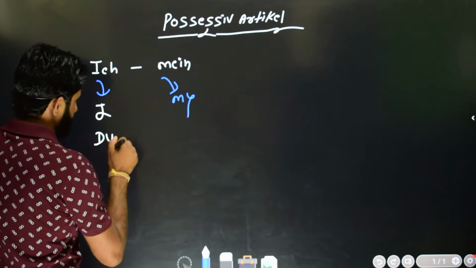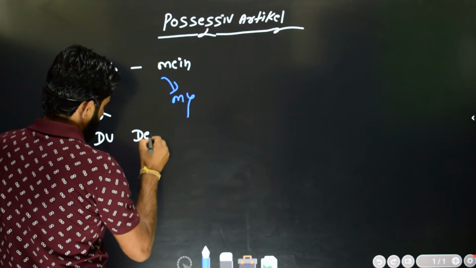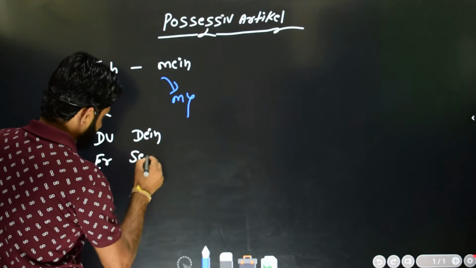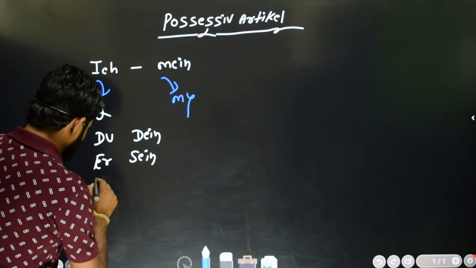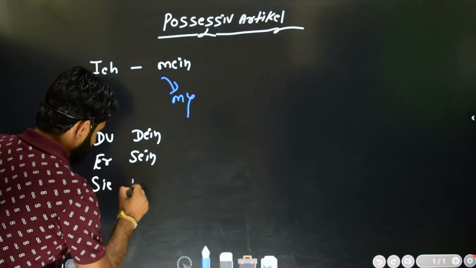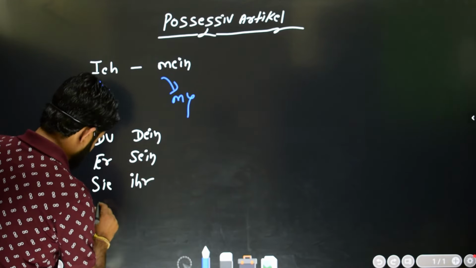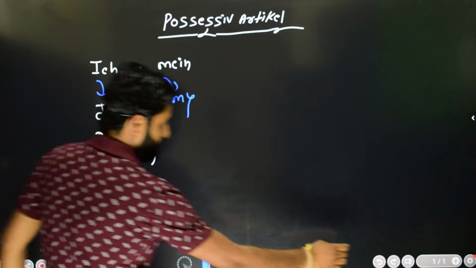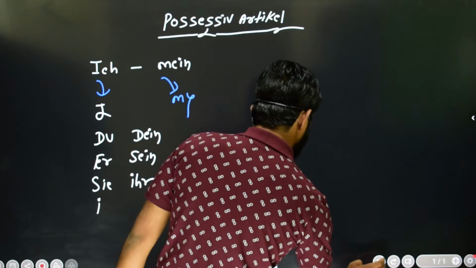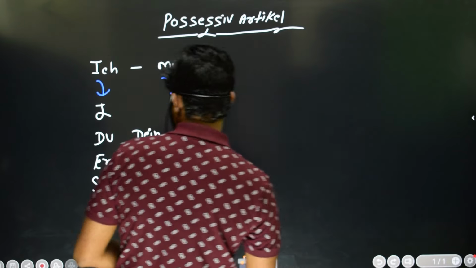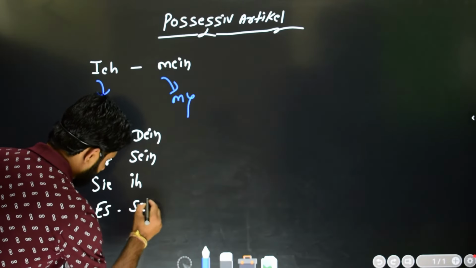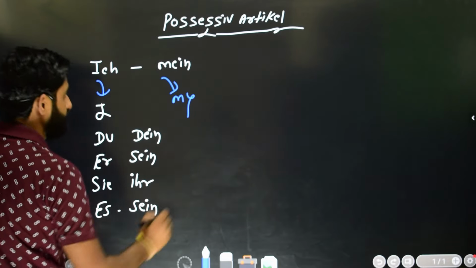With du it will be dein. For er it is sein. For sie it is ihr. For es it will be sein only, like er.